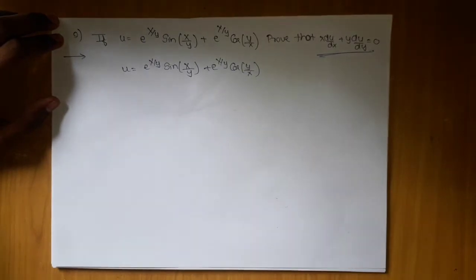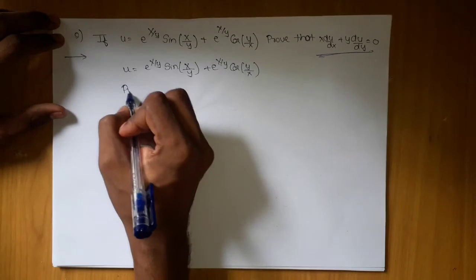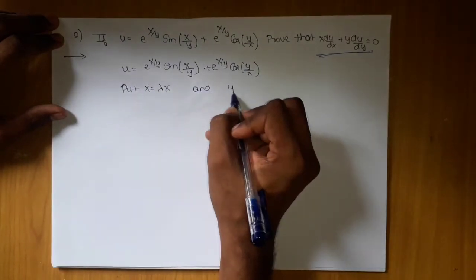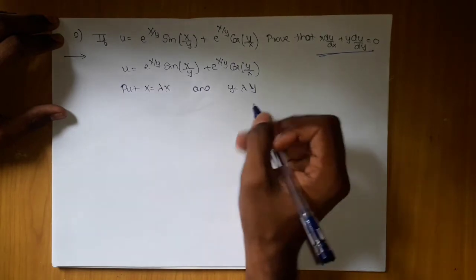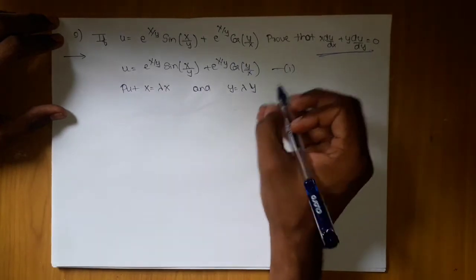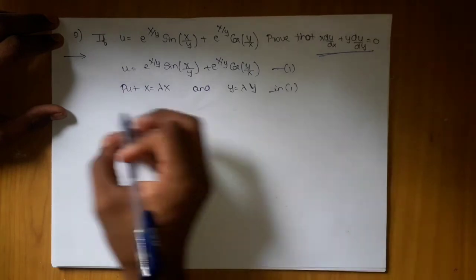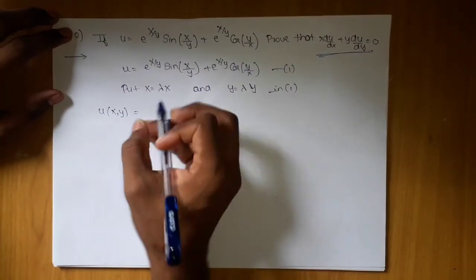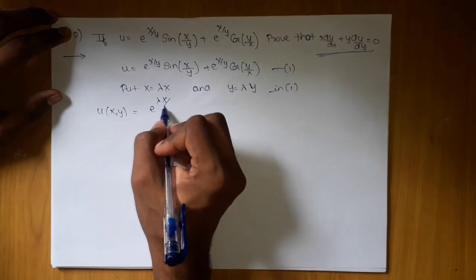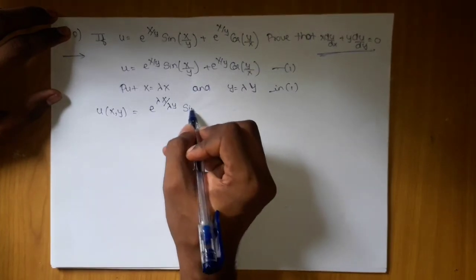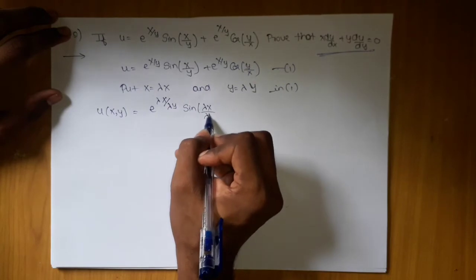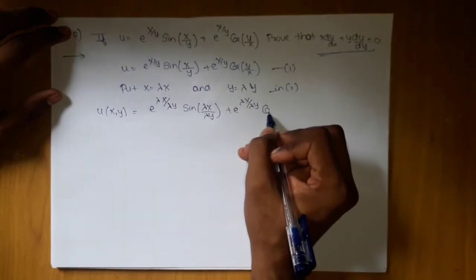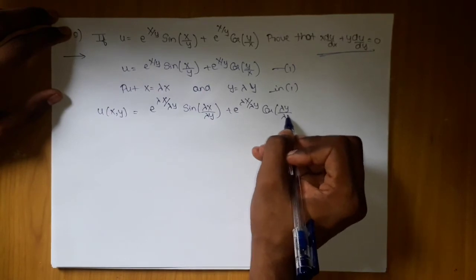After writing this step, put x equals lambda x and y equals lambda y. The moment you do this, you will write u of lambda x comma lambda y equals e power lambda x by lambda y into sin lambda x by lambda y plus e power lambda x by lambda y into cos lambda y by lambda x.